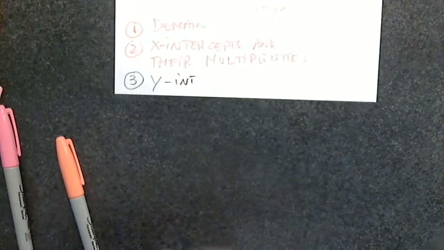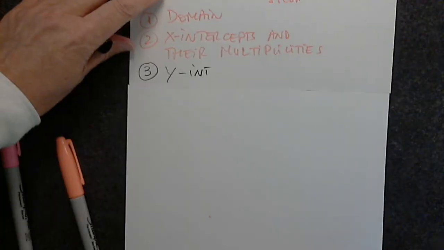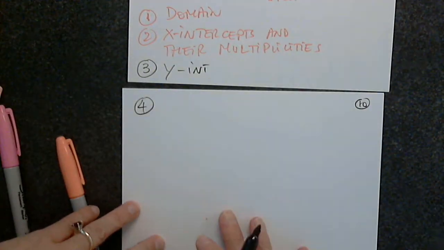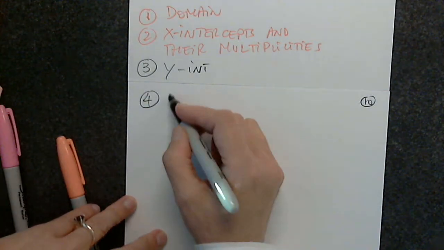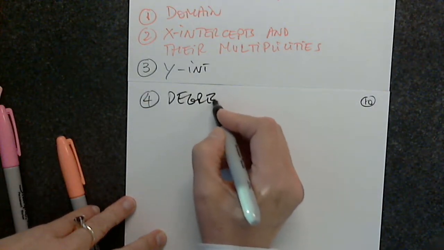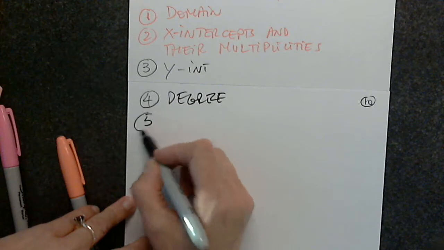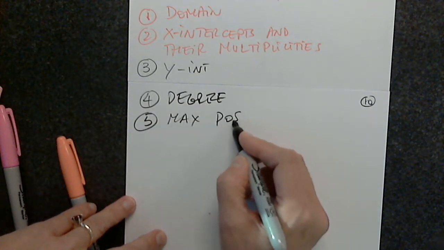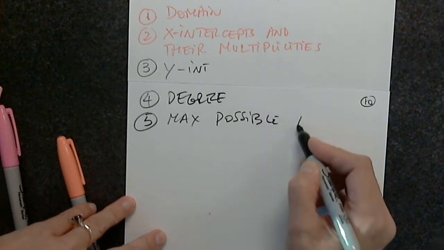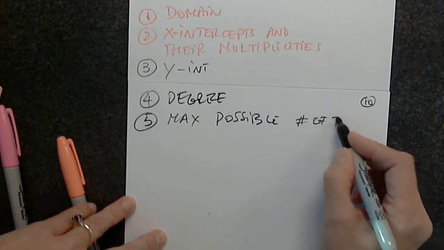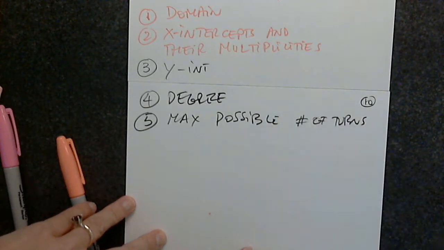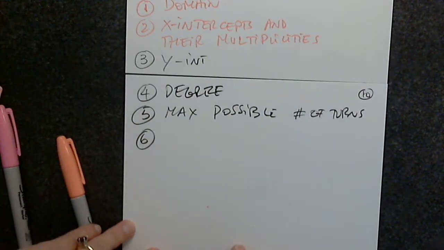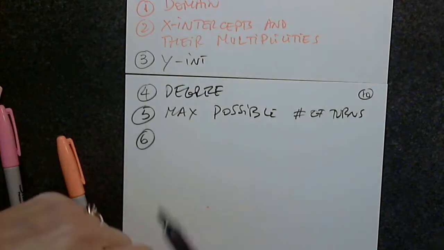Number 4. Degree. 5. Max possible number of turns. 6.